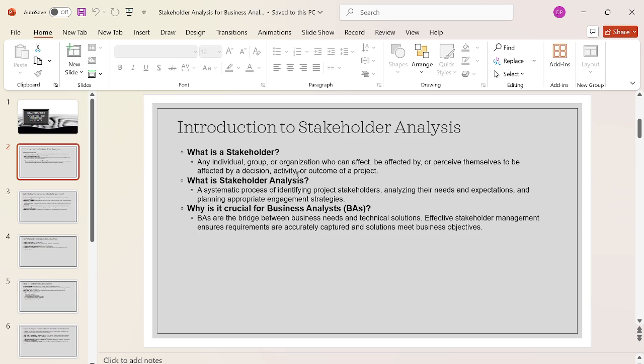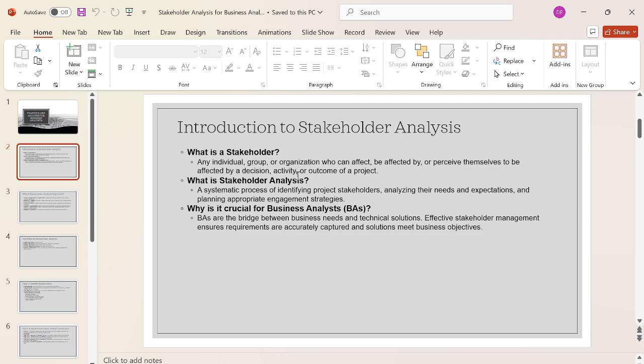So these are the stakeholders. There are negative stakeholders, positive stakeholders, internal stakeholders, external stakeholders, and business stakeholders, like the development team, tester, business analyst, project manager, subject matter expert. Okay, these are all the stakeholders.